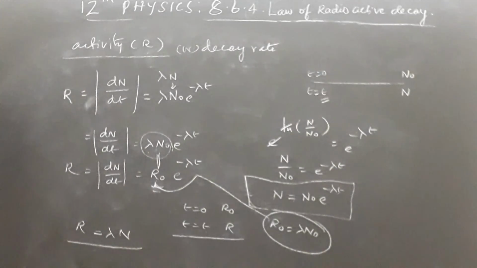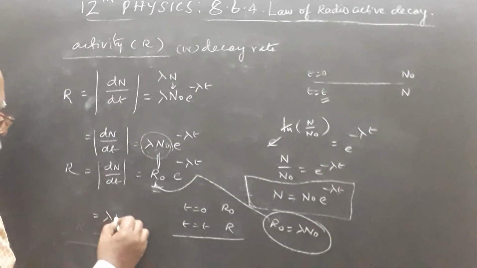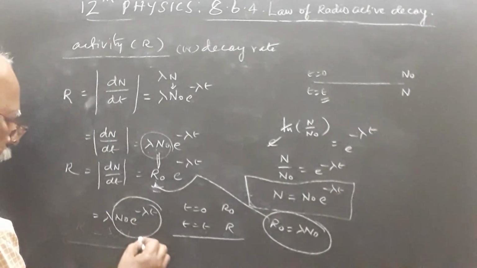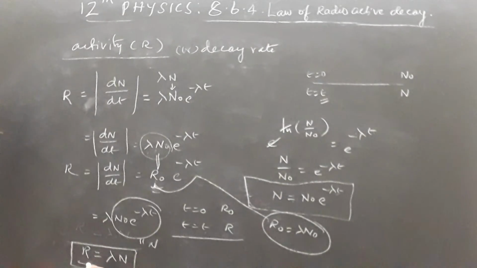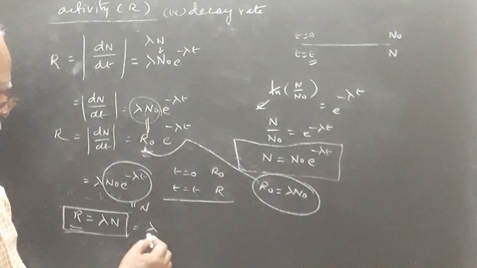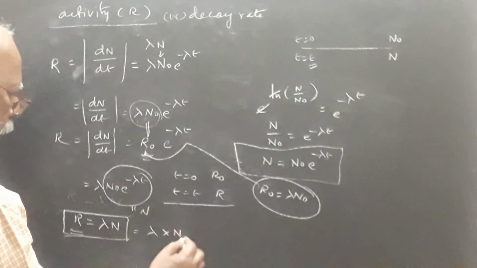R equals lambda into N. How can we write lambda into N? Because R equals lambda N naught e power minus lambda t, and this is nothing but N. Or you can write lambda into N. This is a fantastic equation: radioactivity or decay rate is the product of the decay constant and the remaining undecayed nuclei.